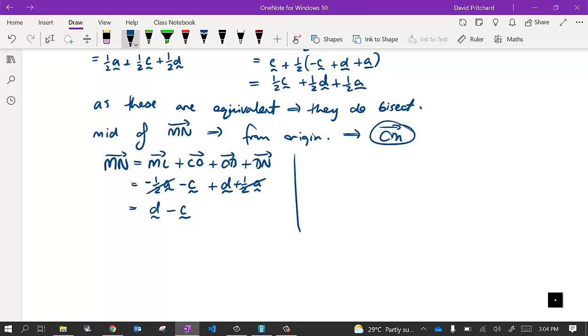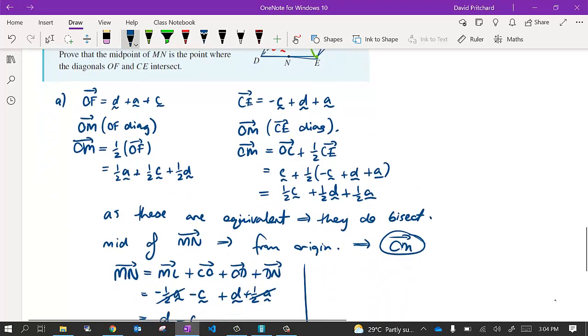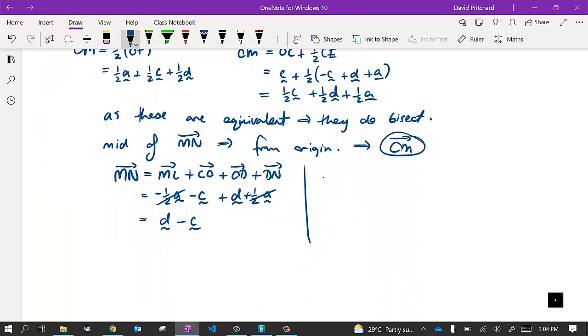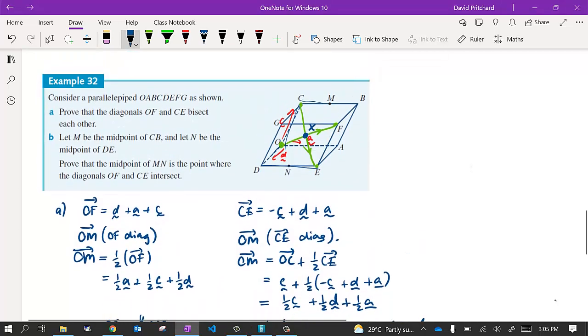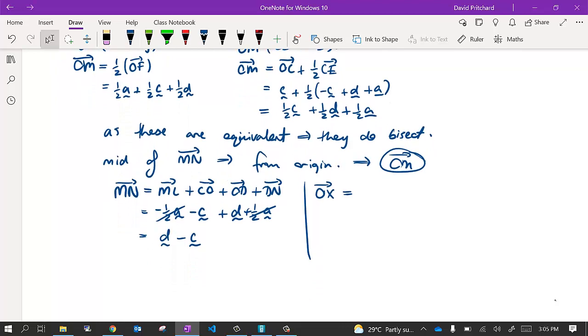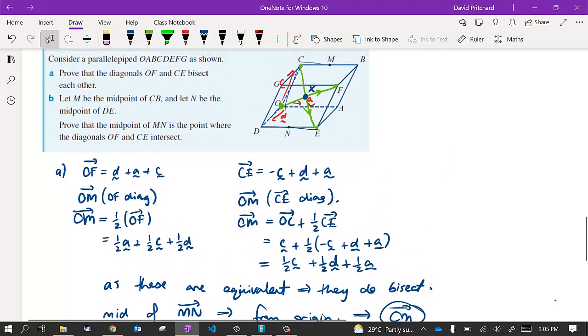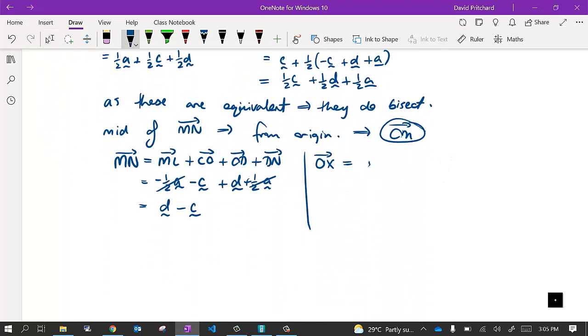Now, we'll have to rename this middle point, so let's call it X now. So what we want to do is we want to find OX. So if we're trying to find OX, the first thing we're going to do is we'll go from O through to N or M. We'll use M because we've already got the vector MN. So if we go OC, CM, so we go up to C, we go across to M, and then we want to look at going 1/2 of MN.